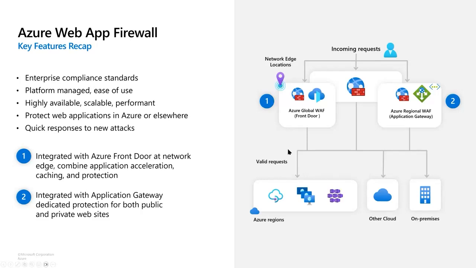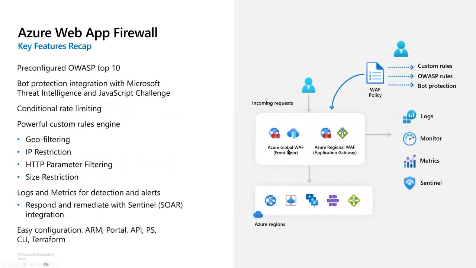All right, so let's go to the next one and do a quick recap of the features. As I mentioned, the Azure WAF is to protect against the most common web attacks. So it's pre-configured to use the OWASP top 10. And again, the OWASP top 10 covers attacks like cross-site scripting, path traversal, command injection, and some others, right?